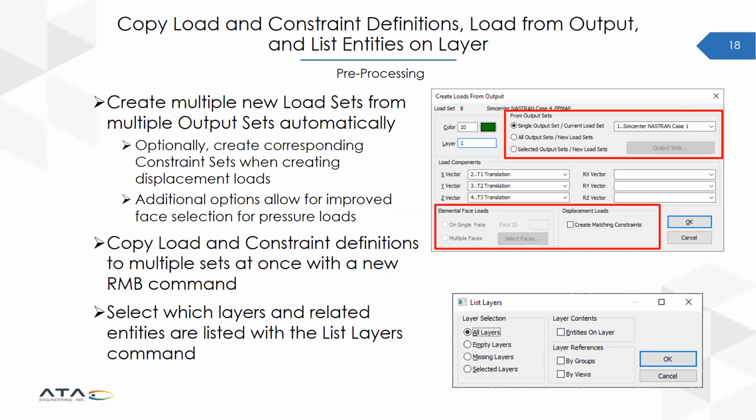Now, the second main bullet here, I think, is probably the hidden gem of this section. There's a new ability that lets you copy load and constraint definitions to multiple sets at once with a right mouse button. So I'm going to jump back to Femap in just a second to show that, because I think it's pretty cool. And then the final bullet here is that there's some additional control over listing layers to the message window and whether the entities are included and things like that.